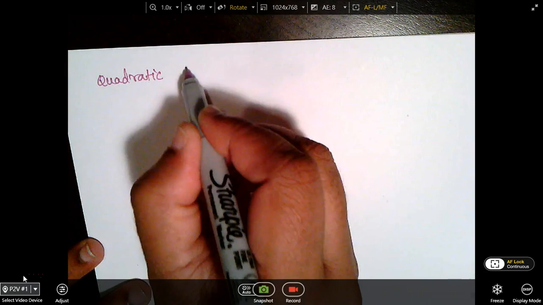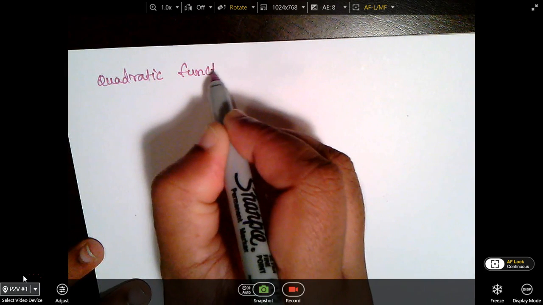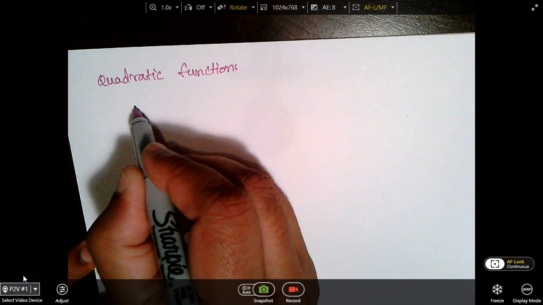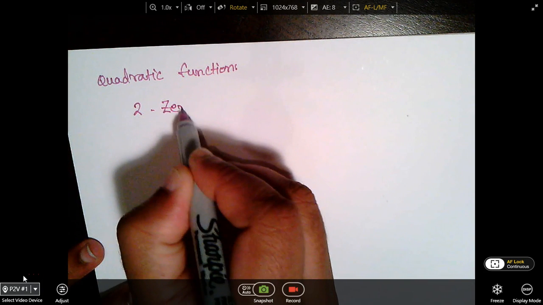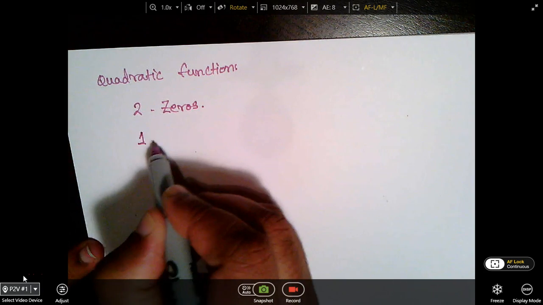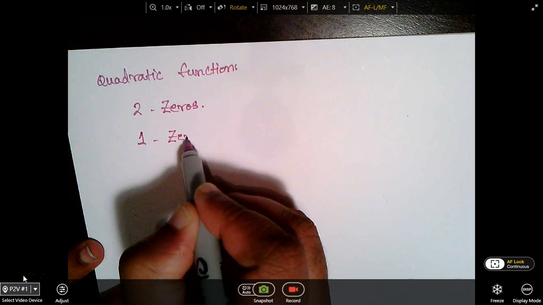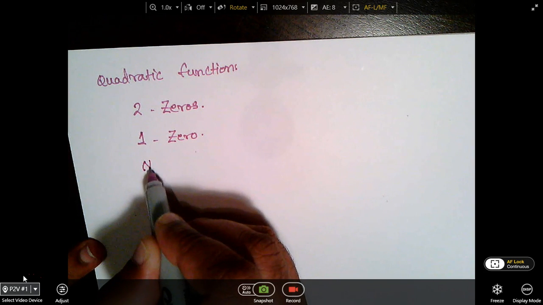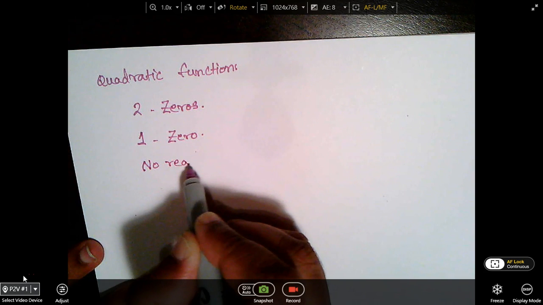This quadratic formula comes in handy for another thing. We talked about the different possibilities of the number of x-intercepts, right? My quadratic function can have two zeros or two x-intercepts. It could have one zero or it could have none, no real zeros.